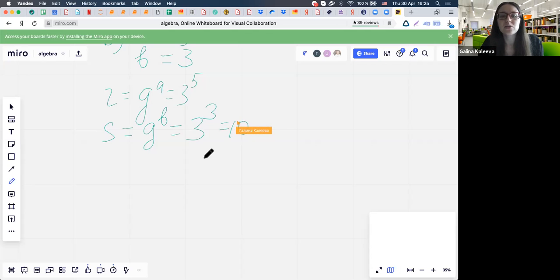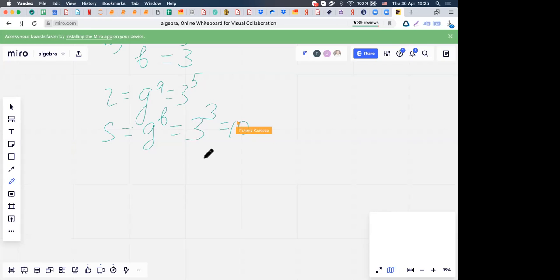And for 3 to the 5th power, we already know that to the 3rd power it's 10. Then we need to multiply it by 3 two times and find the remainders. It will be congruent to 100 modulo 17.